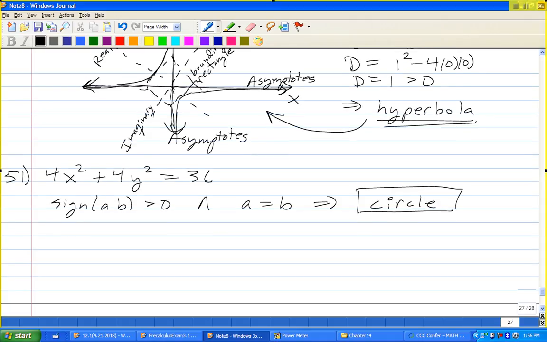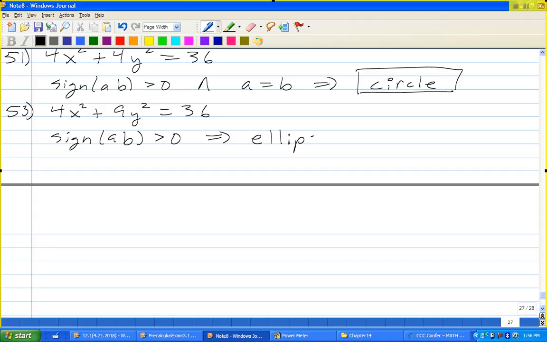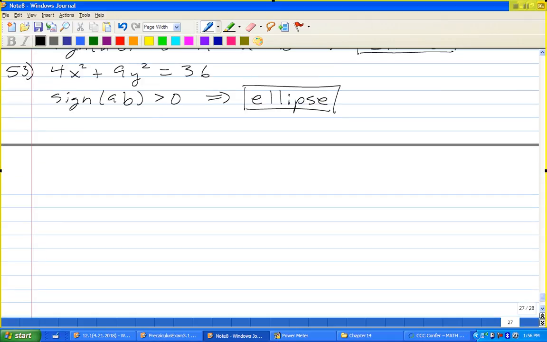Let me do problem 53. Four x squared plus 9y squared equals 36. In this case, the signs of both A and B are positive. So that says that this is an ellipse. 55.